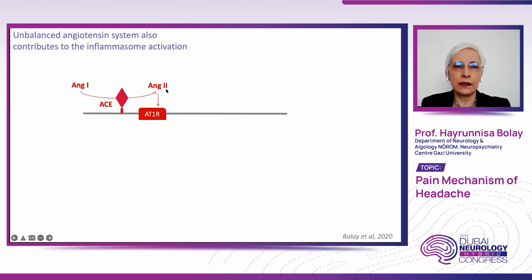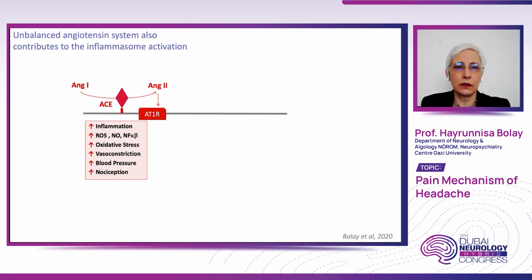And angiotensin 2, through its receptor, induces inflammation, reactive oxygen species, nitric oxide, increase in NF-kappa B transcription factors, vasoconstriction and nociception.